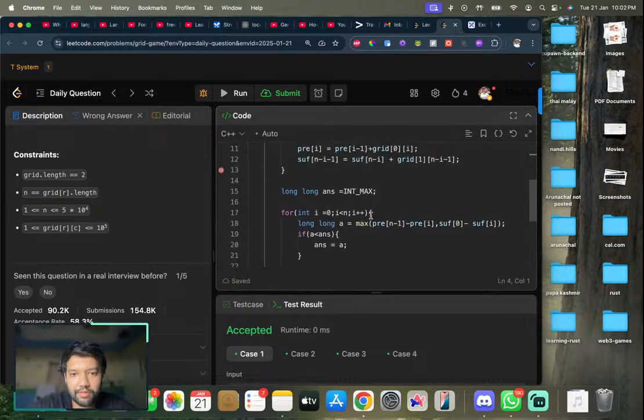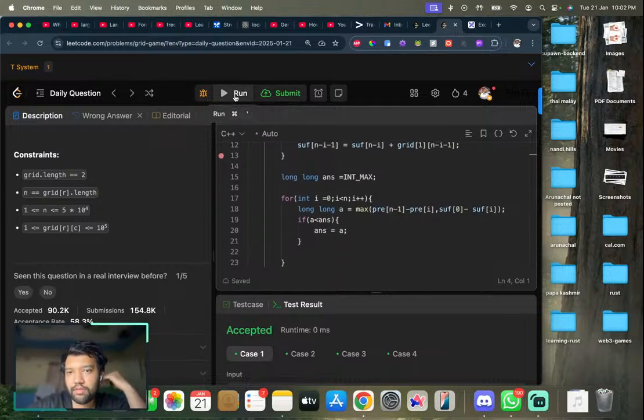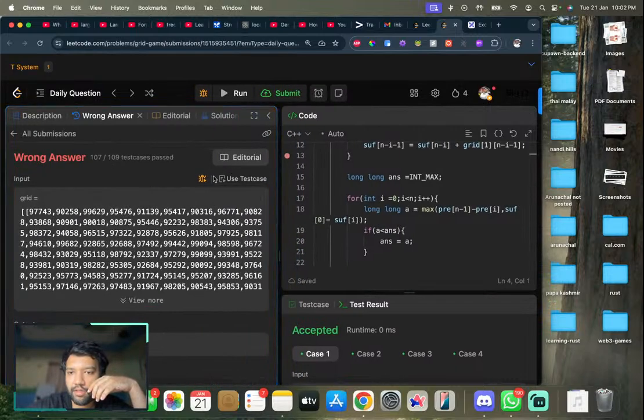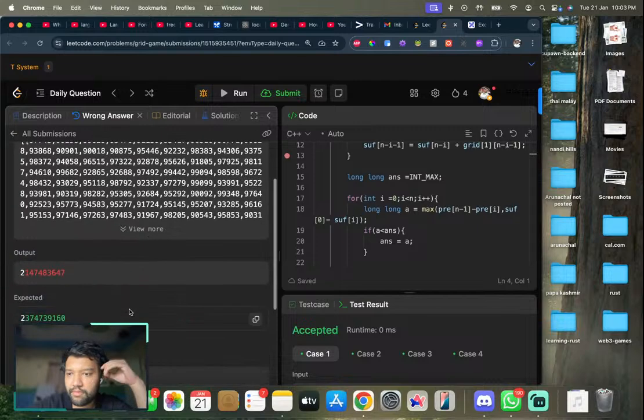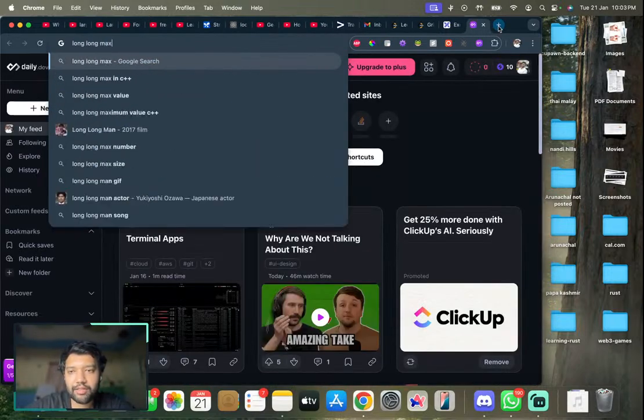Now, hmm, okay, so this is int max. And then what is long long max in C++?